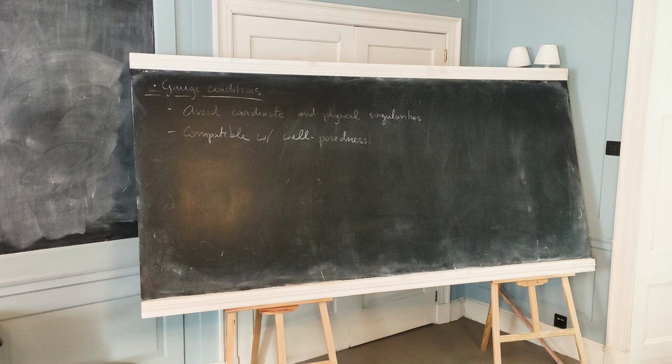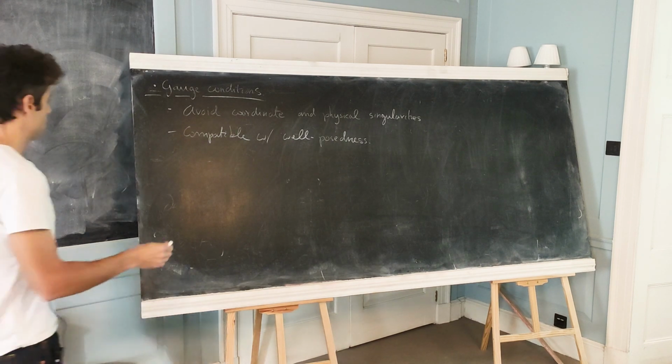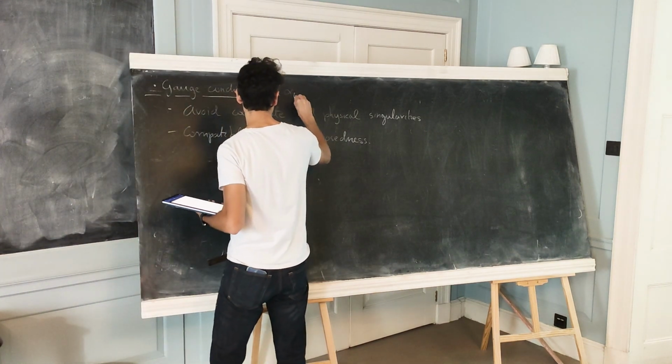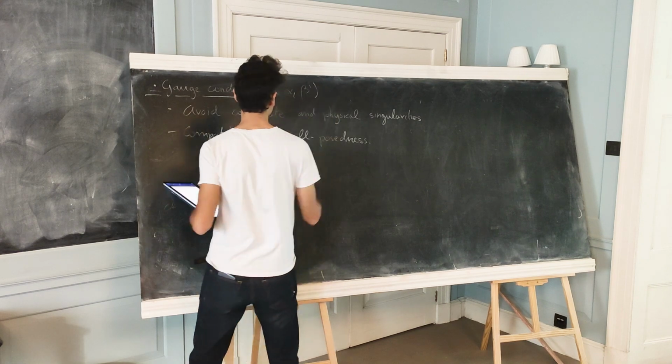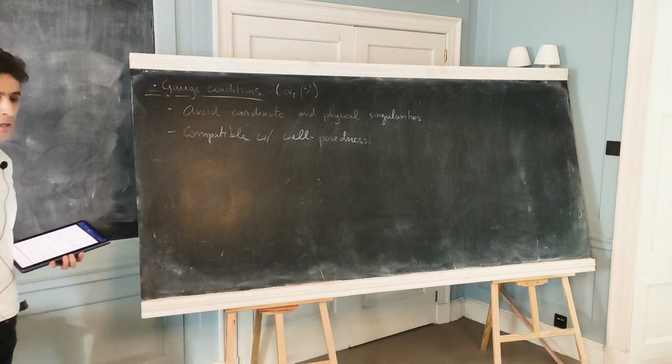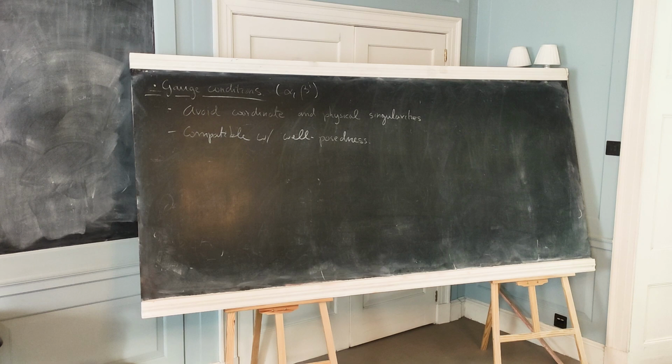And as I said, we identify the lapse and the shift as our gauge variables, because they parameterize the normal vector to the hypersurfaces, so that tells us how these hypersurfaces are embedded in the full space-time. So that's where this gauge freedom comes from, but it's also reflected in the fact that the Einstein equations don't give evolution equations for the lapse and the shift.